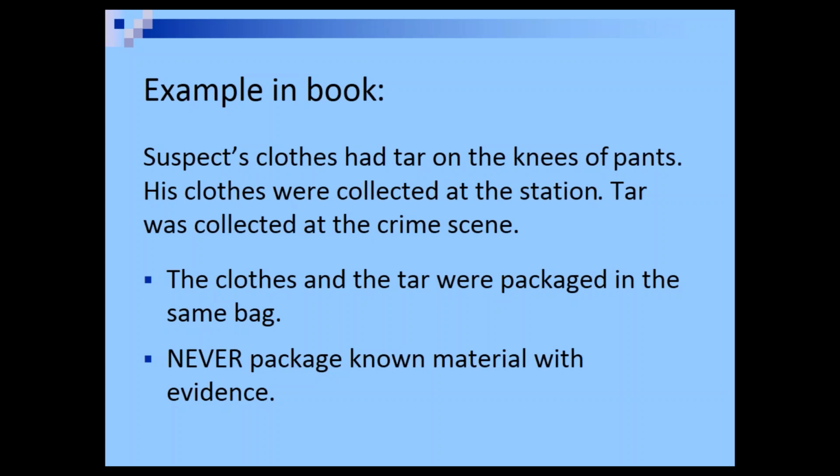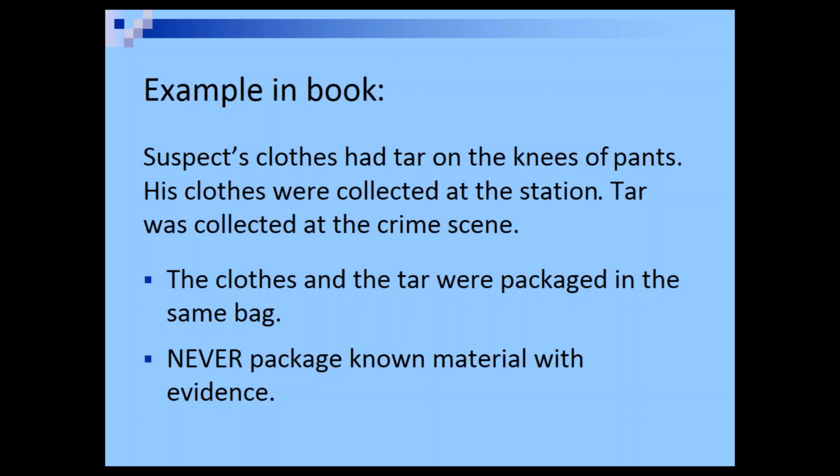All right. You need to be careful when packaging trace evidence, and this really is true for all evidence, where you don't want to mix your known and unknown samples. The example the book gave, especially with trace evidence where you're trying to identify whether the evidence came from a certain source: if you collect the suspect's clothes that have tar on the knees of the pants and you think that tar came from the roof of the building that the person broke into, then the cops go out and collect tar from that roof, but they throw the pants and the tar from the roof in the same bag, and maybe there's some tar on the outside of the jar that they collected it with.